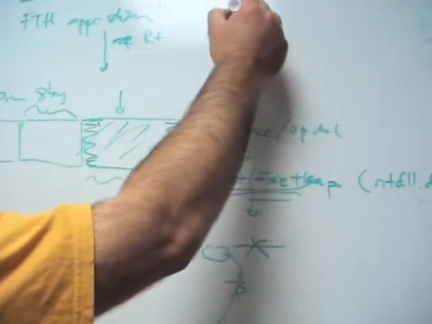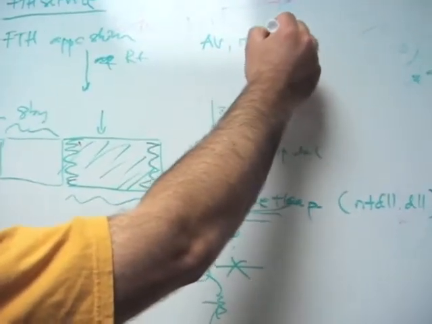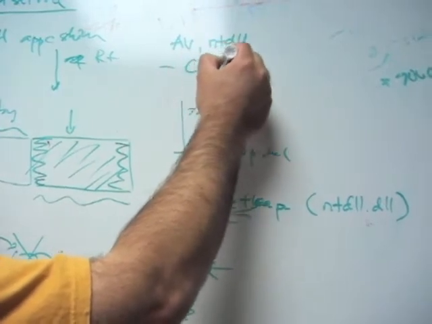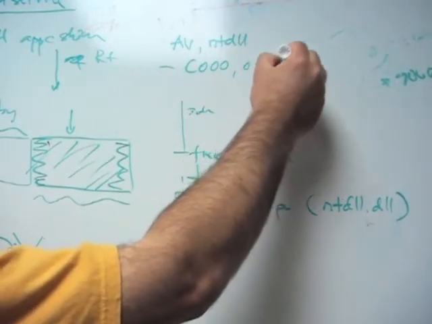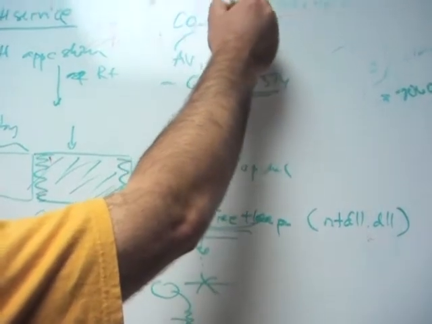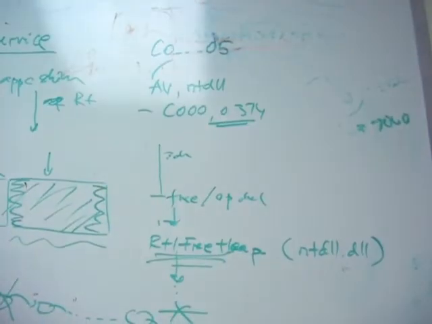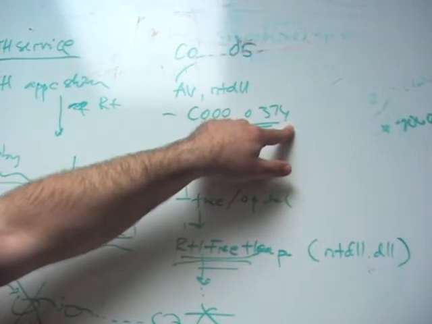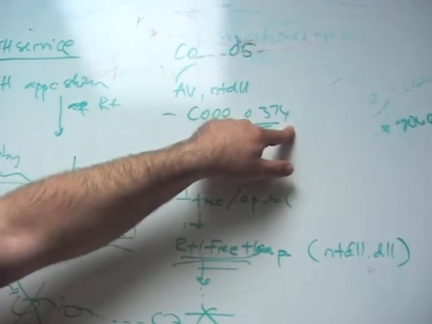Right now, a crash looks like heap corruption if it's an access violation in NTDLL, or it's a heap corruption exception, which is C0374. So this is clear heap corruption because it's an exception raised by the heap manager. No doubt here.